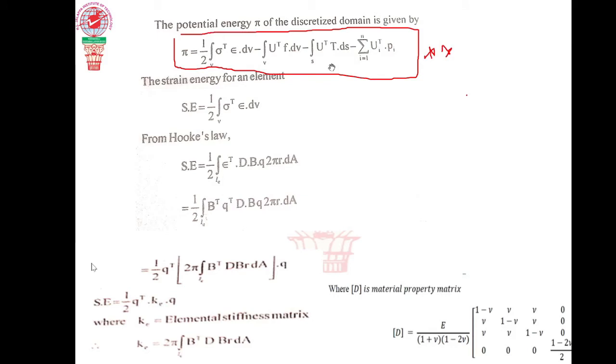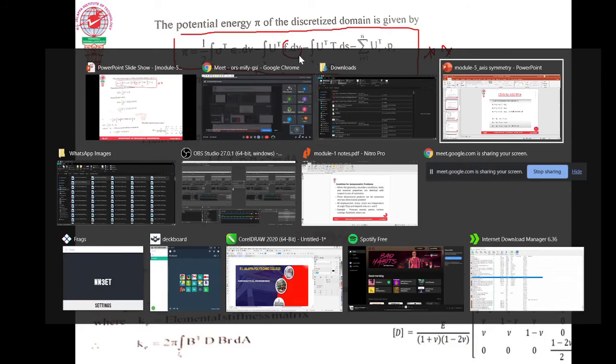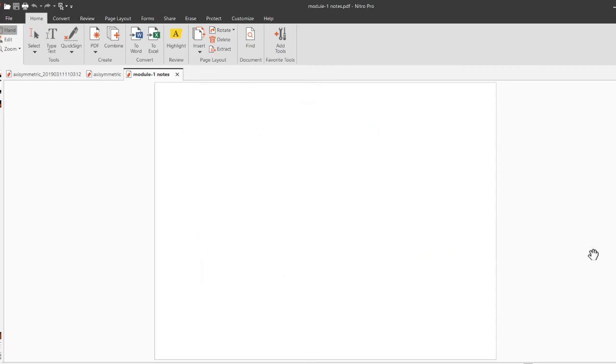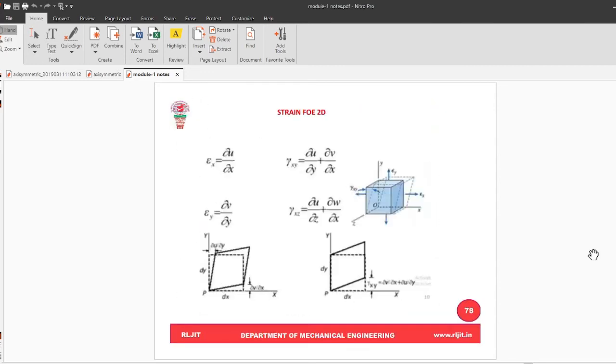Pi is equal to half of integral sigma transpose epsilon dV minus integral u transpose f dV minus integral u transpose T dS. Where did you get this? It was in model number 1 only, no? We'll see.